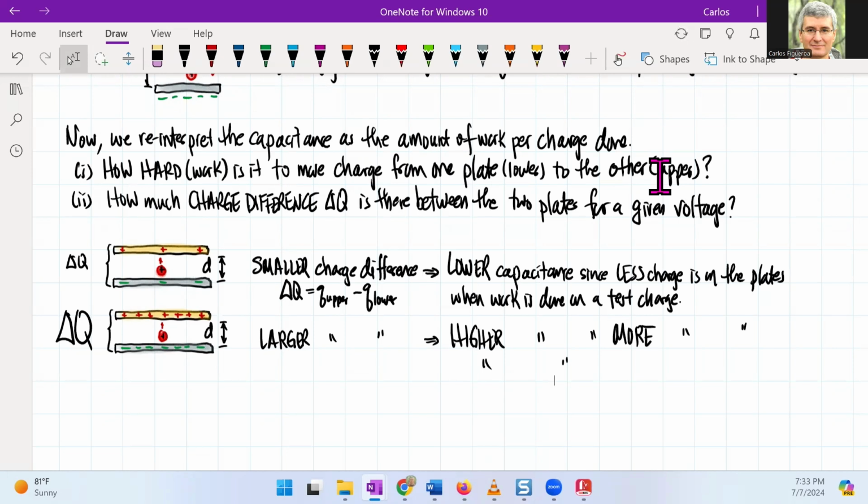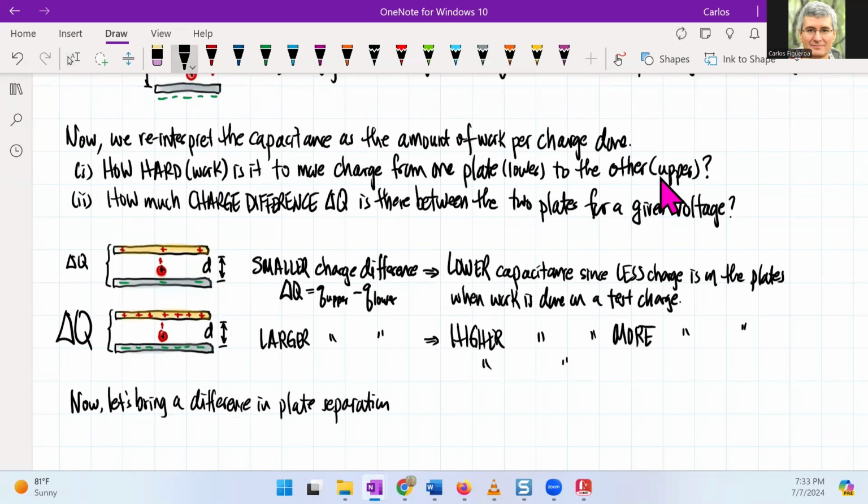So now let's look at this slightly differently. Let's bring in a difference in plate separation. And then we have to ask the exact same question.